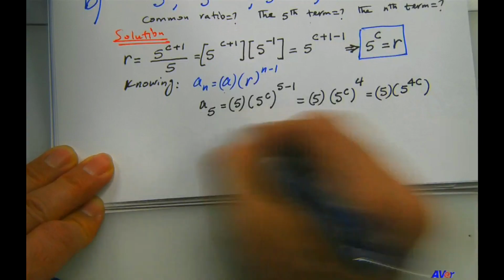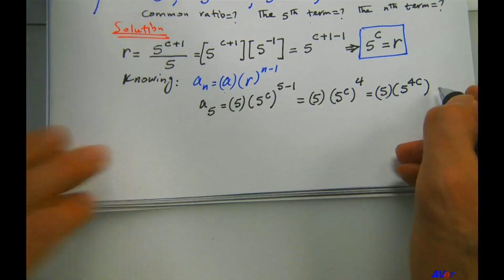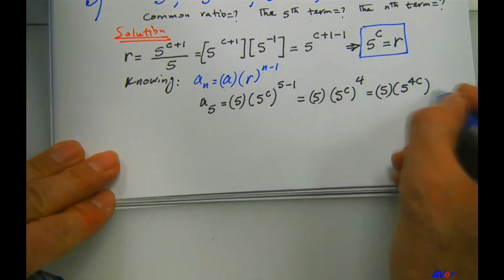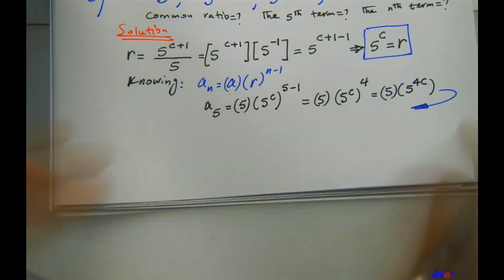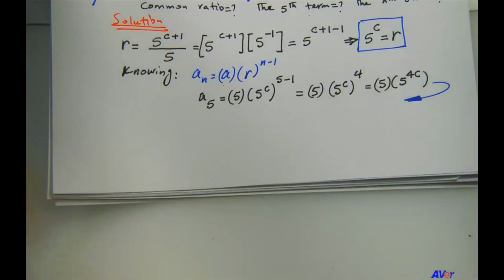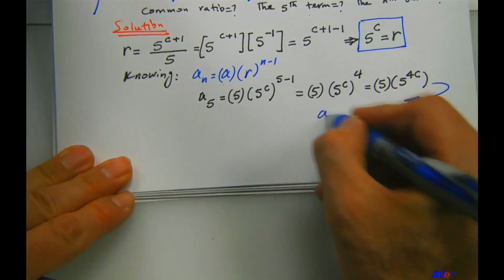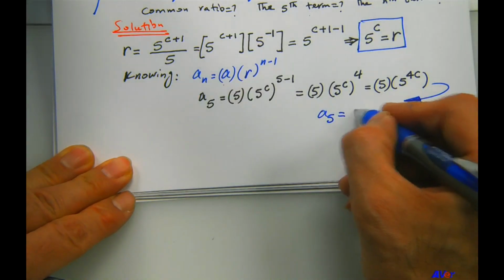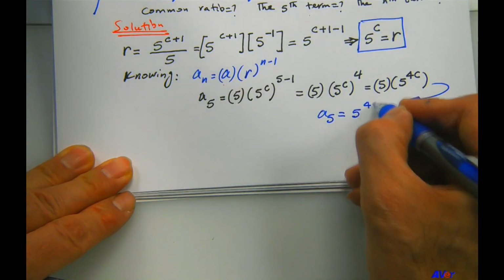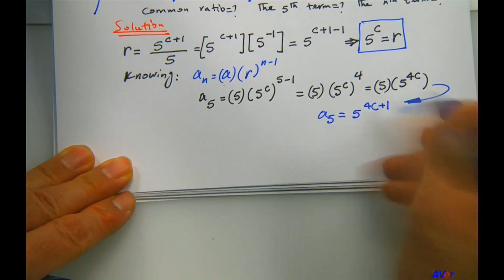So we have the fifth term is equal to 5 to 4c plus 1.